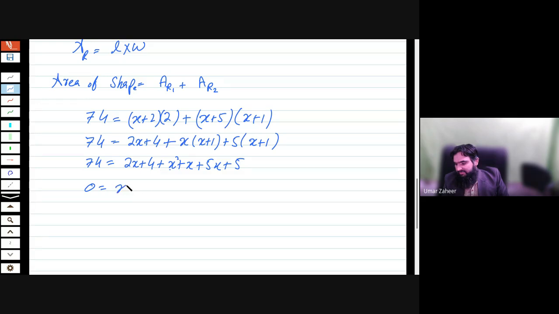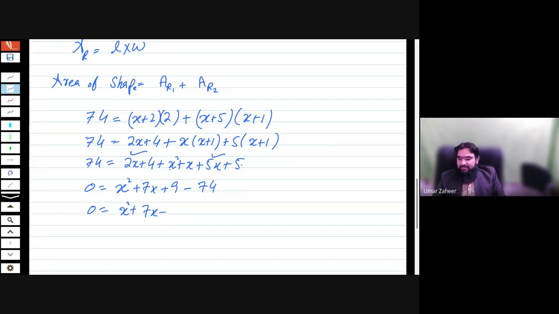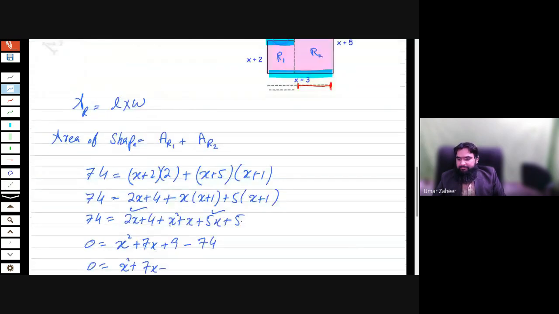It will be x square as it is. 5x plus 2x, that will be 7x. 4 plus 5, that will be 9. Minus 74, so we'll get the equation x square plus 7x, and 9 minus 74.